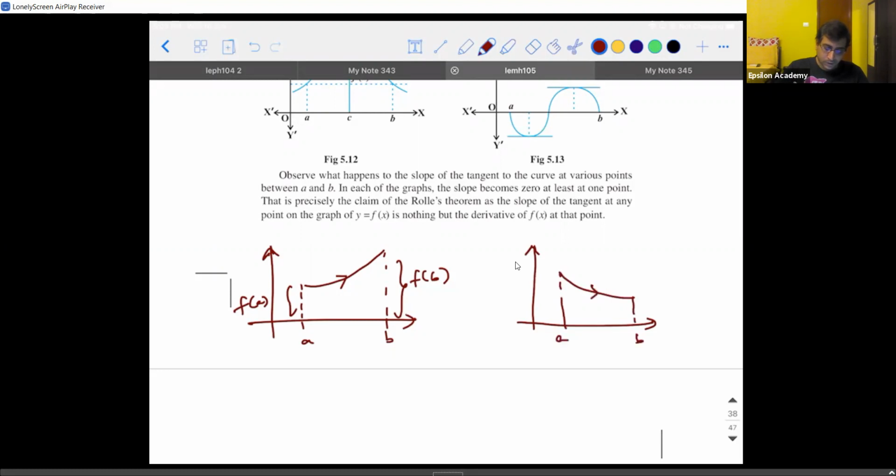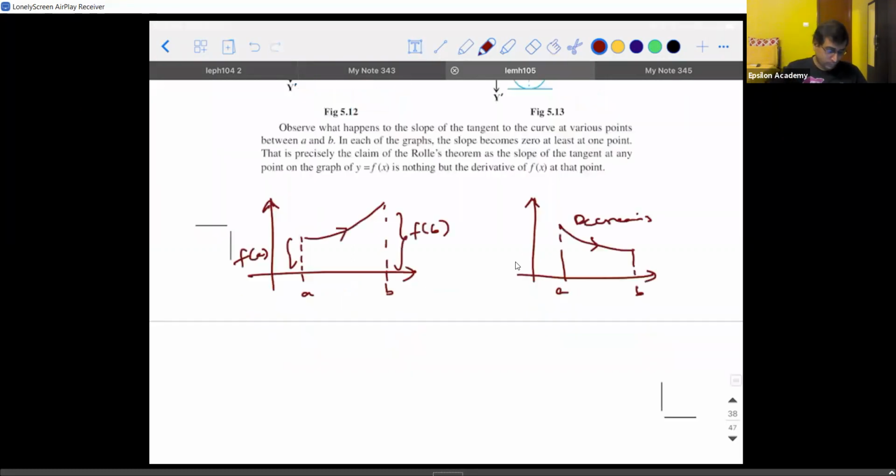What can you say about a function like this, from a to b? It is decreasing. So here also, the third condition is failing. Hence, in both these scenarios, the conditions are not sufficient for us to apply Rolle's theorem.